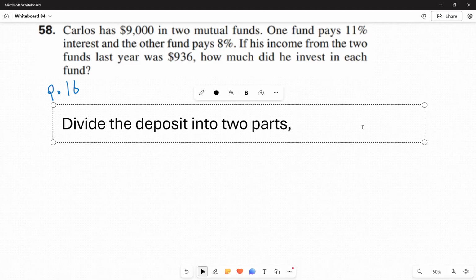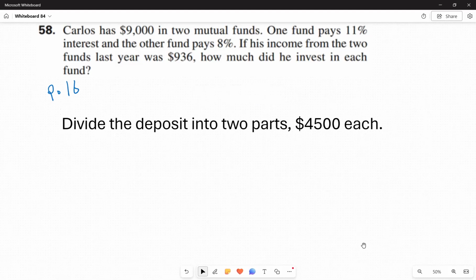If we divide 9,000 by 2, we have 4,500 and 4,500. And we're going to try this. We're going to be working with percents, but we know the basics of percents. 11% as a decimal is 0.11, and 8% as a decimal is 0.08.